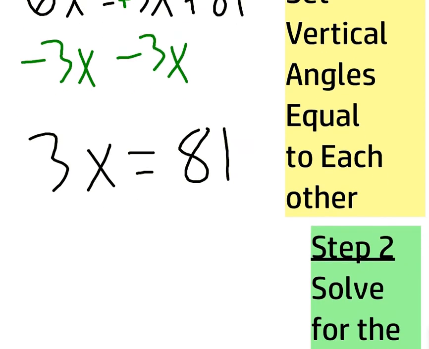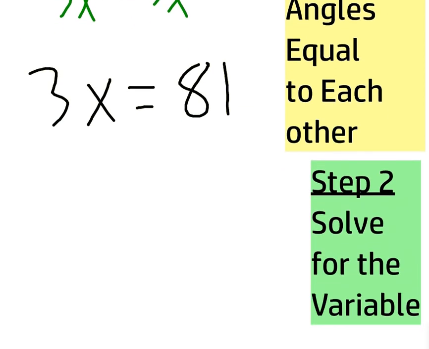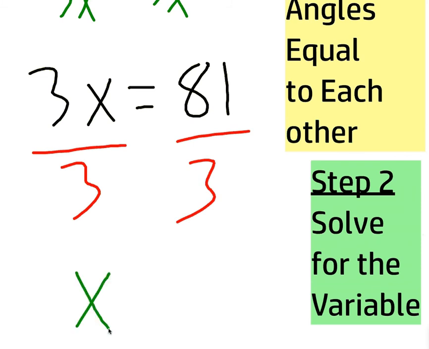Now what? Very good. Divide both sides by 3, so the 3's cancel. Does anybody know what 81 over 3 is? Close. 27.